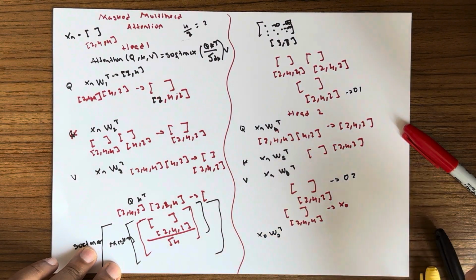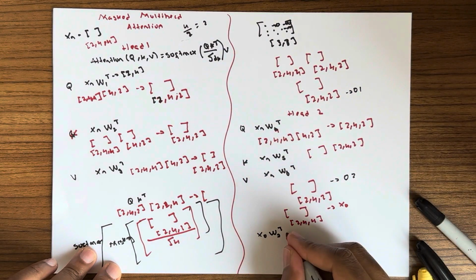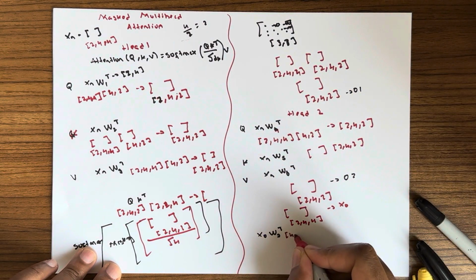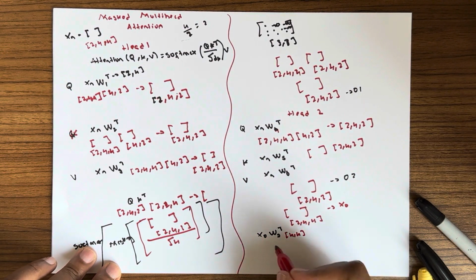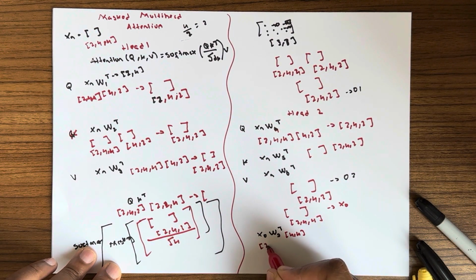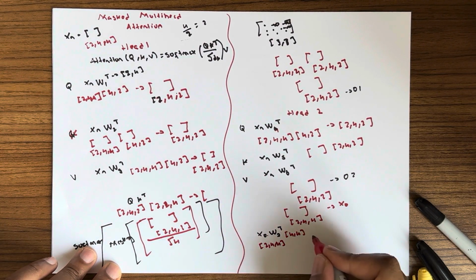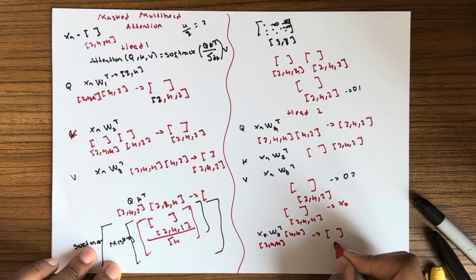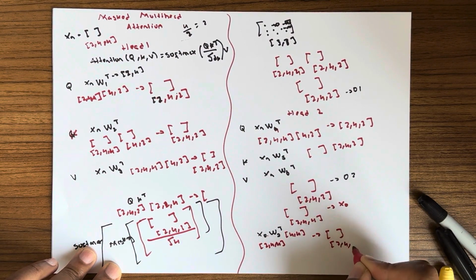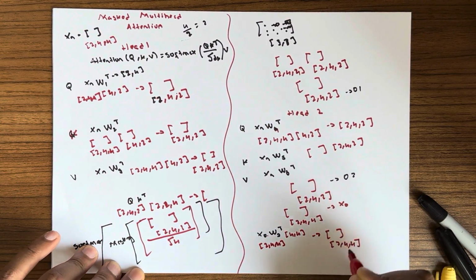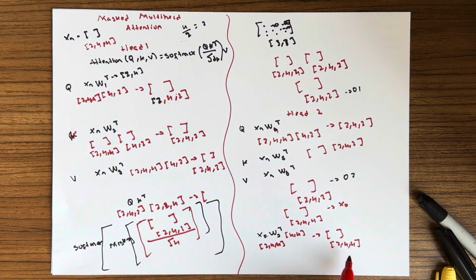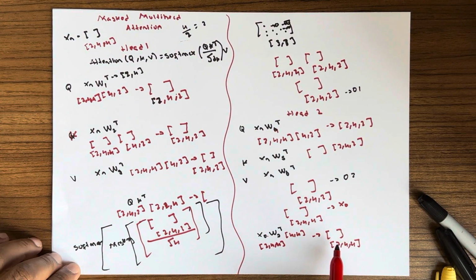The dimension of w7 is embedding by embedding, 4 by 4. We're going to take the transpose, it will still be 4 by 4. We multiply x output, of dimension 2 by 4 by 4, by w7 transpose to get a new tensor of 2 by 4 by 4. This is the output of this masked multi-head attention.